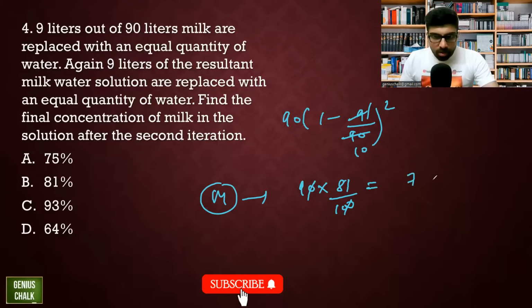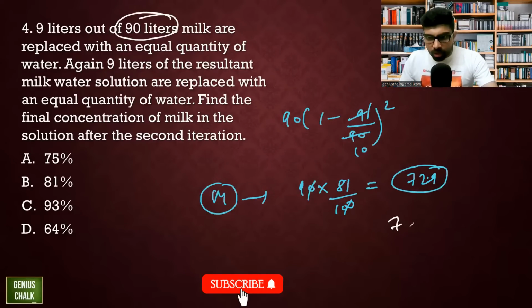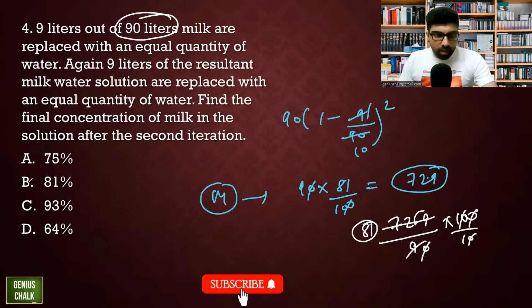That is 729 by 10, so it is 72.9. What was the actual milk? It was 90. So what is the percentage? 72.9 by 90 into 100. If you see, this decimal will be gone with this. So 9 8 is 72, and again it is giving you 81.